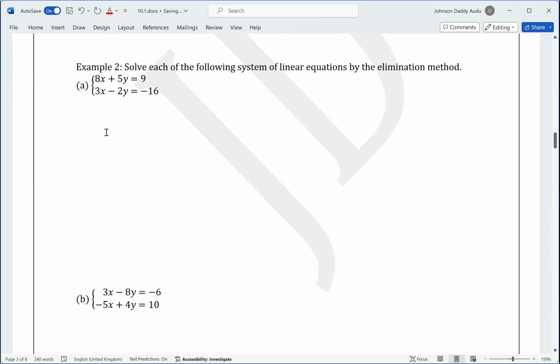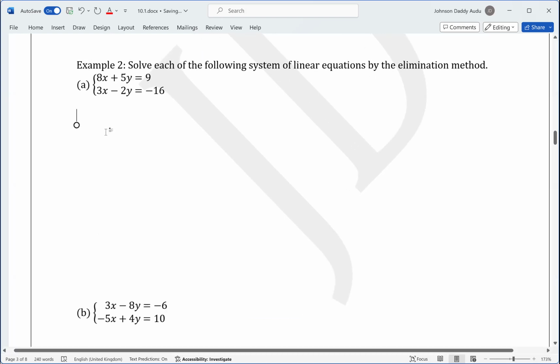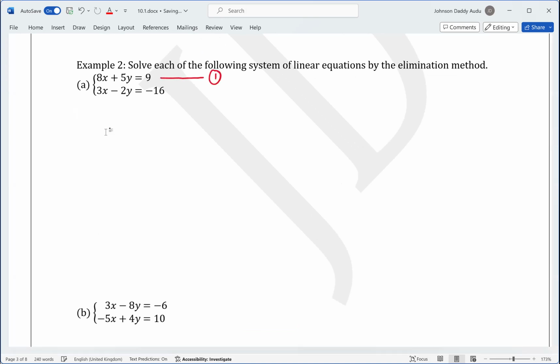If you look at this now, we want to use the elimination method, not the substitution method. So usually what we do in this case, we call this 1, and this is 2, right? So we try to eliminate one of the variables.